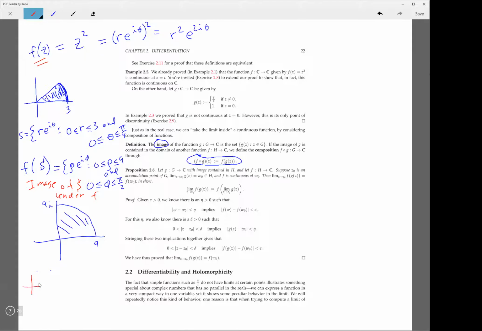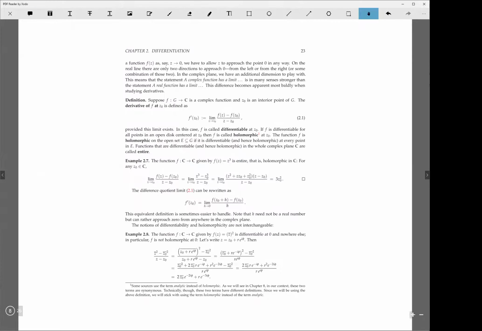Another way would be to express it this way, and there's your F. Okay, so that's kind of interesting. Okay, let's get on to the next topic.